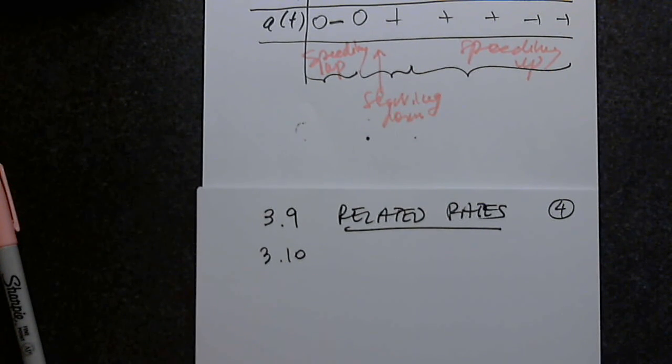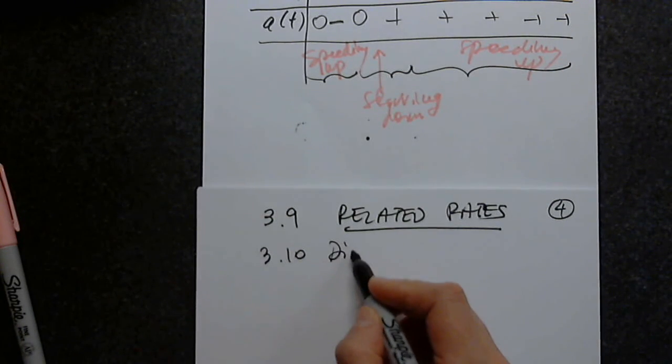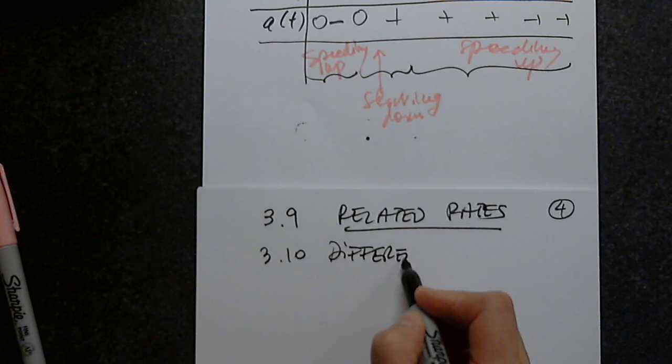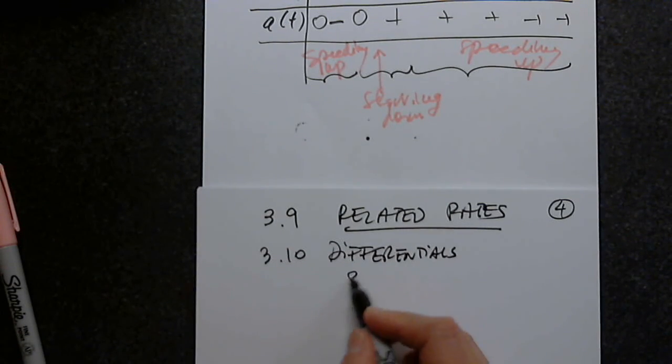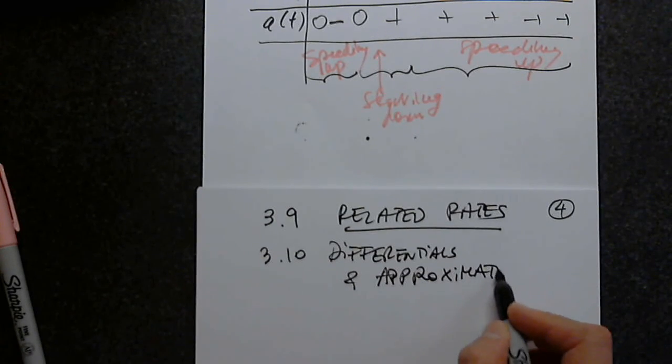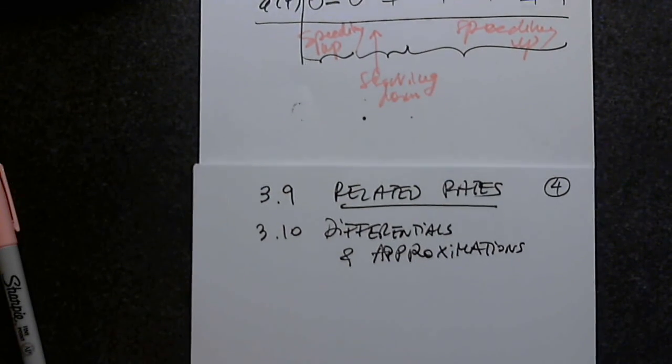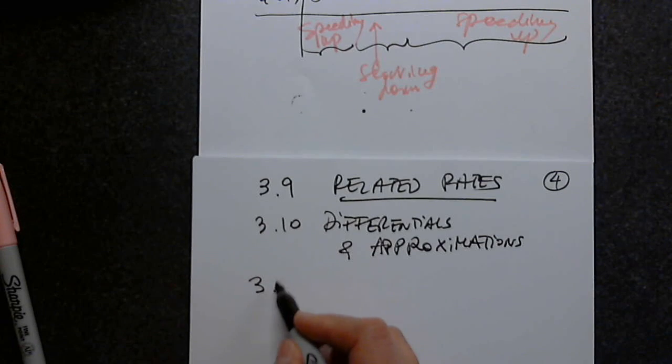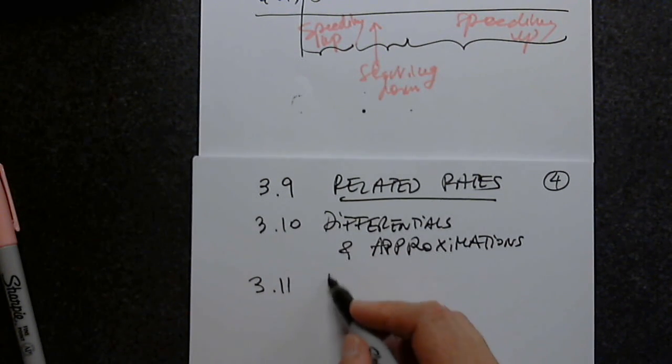Then 3.10, extremely important. It's called differentials and approximations. Another very important topic. And 3.11, we're going to talk about hyperbolic functions.